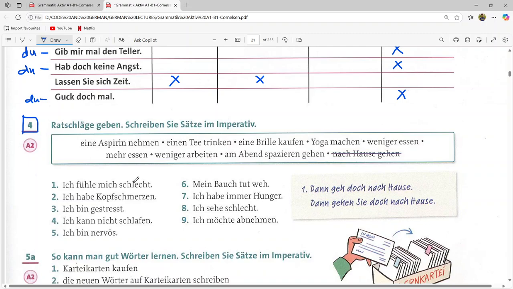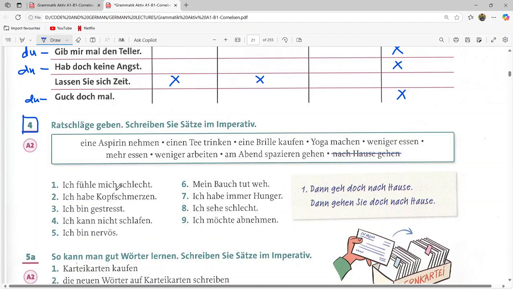The first one is ich fühle mich schlecht. So like I feel bad. Okay, ich means I, fühle means feel, mich means me, schlecht means bad. So I feel bad by myself. In English it is like this, but the meaning is I feel bad.